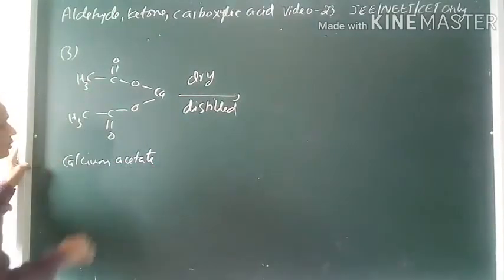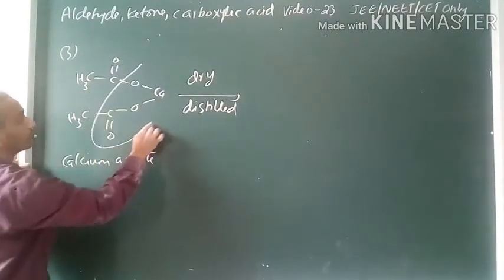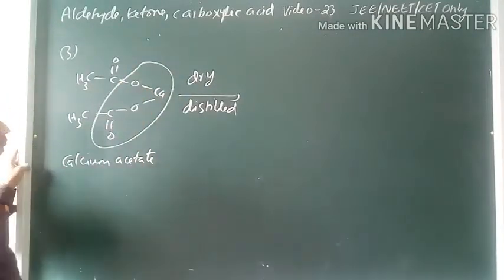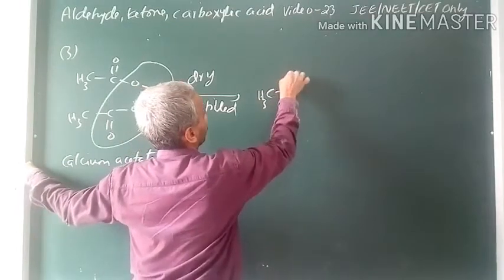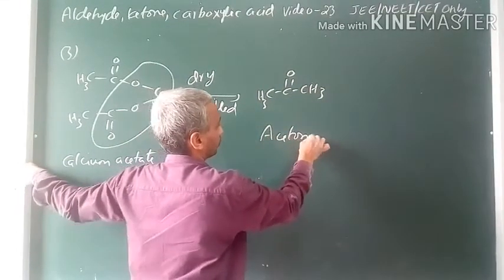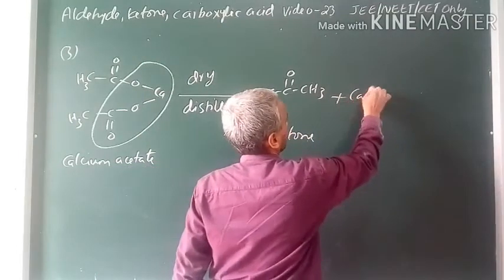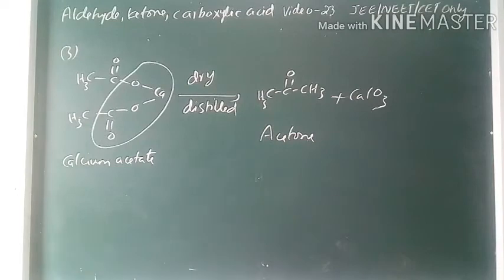What about that? Just here, CH3COCH3 acetone is obtained along with calcium carbonate. Note this.